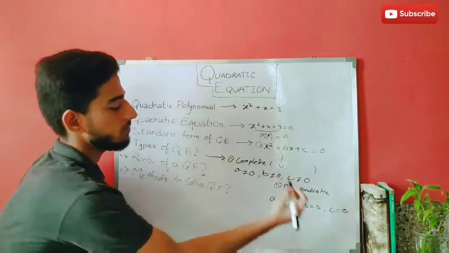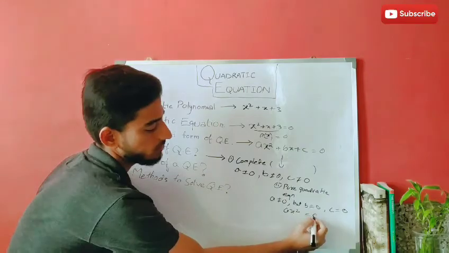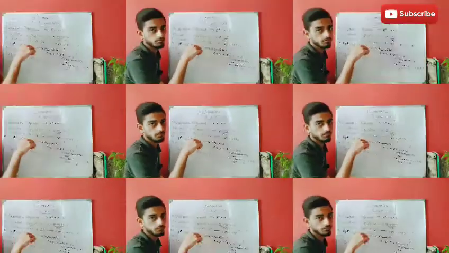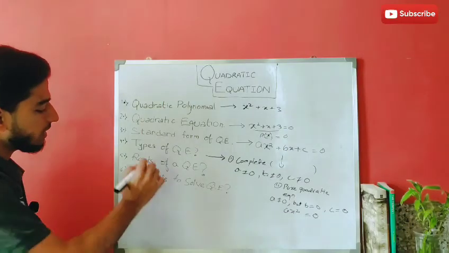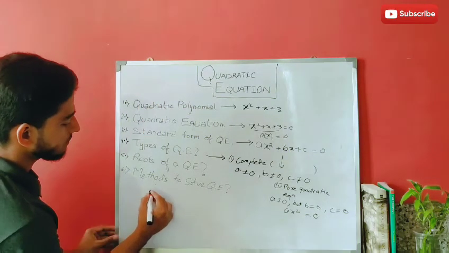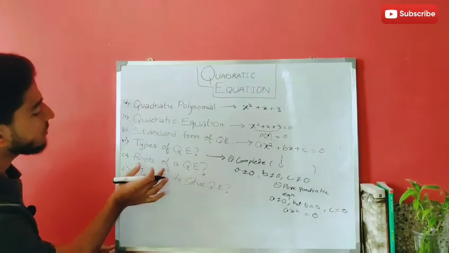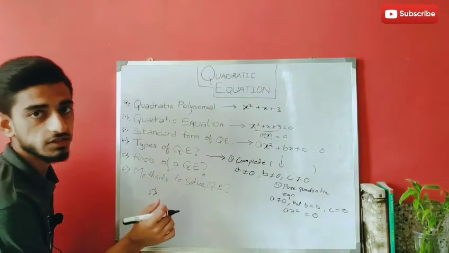Like I am giving examples also, like ax square is equal to 0. So the fifth point is: root of a quadratic equation.